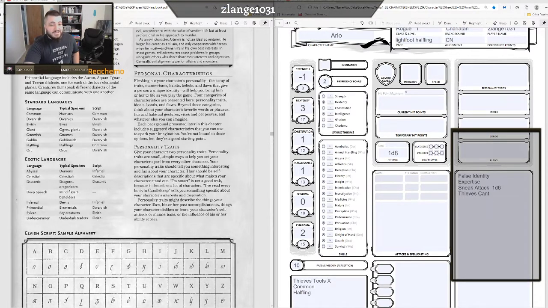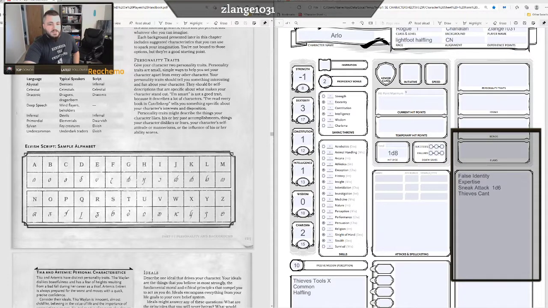Now then you have your exotic languages. Up here, language, giant. Typically spoken by ogres and giants, but it's scripted in Dwarvish. So just because you can read Dwarvish does not exactly mean that you can understand a written giant language, because they may use the Dwarvish characters, but they come out to mean different things.